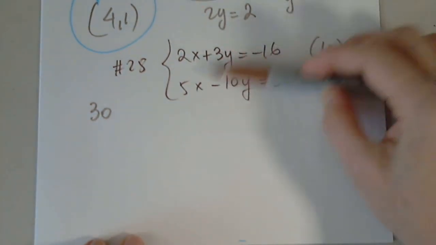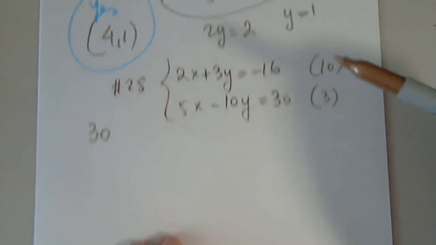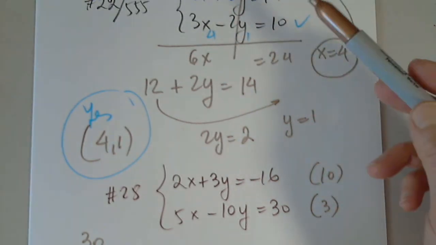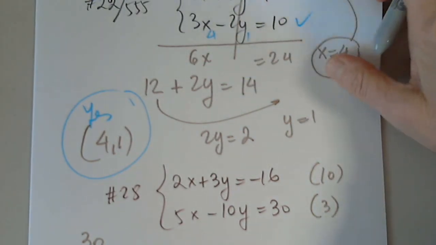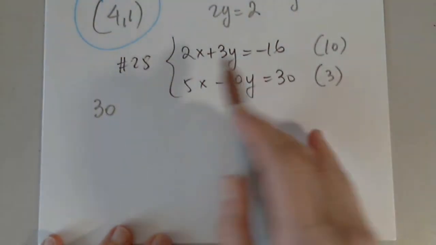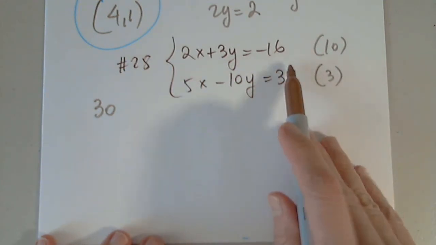See, for this system, I had to prep the equations. Here it was very easy. There was no need to prep anything. I had to just add, and that was it. Okay, so now multiply by 10, not pick and choose. I have to multiply everything by 10.